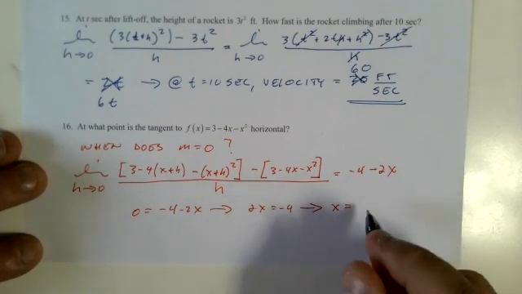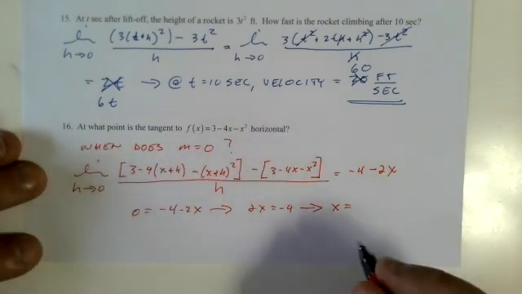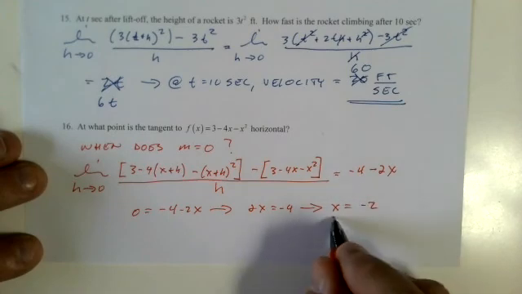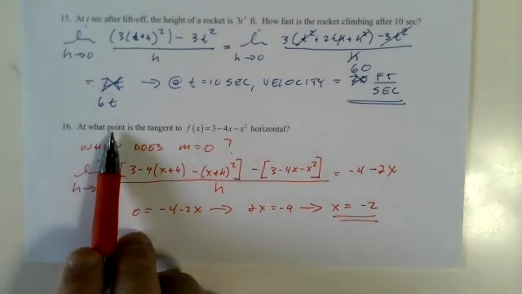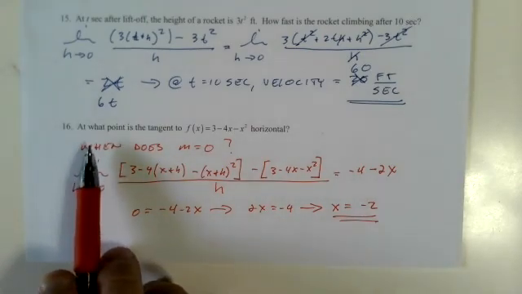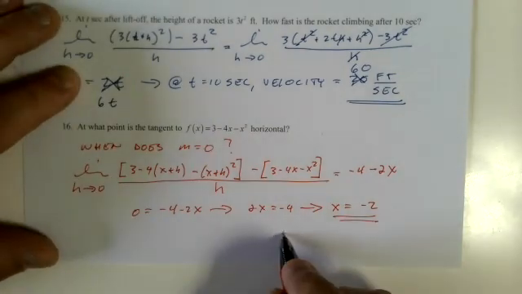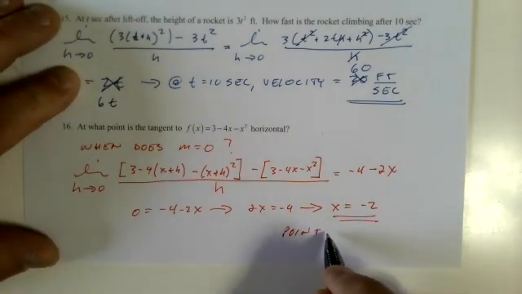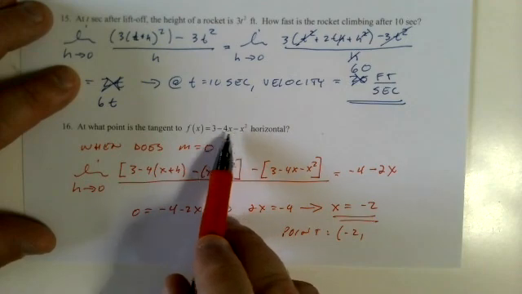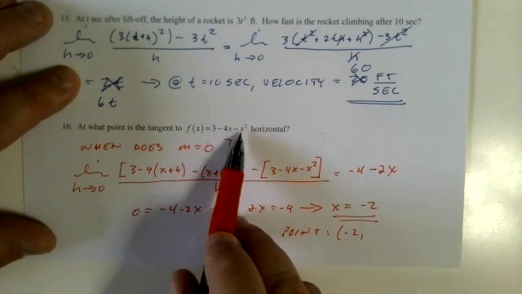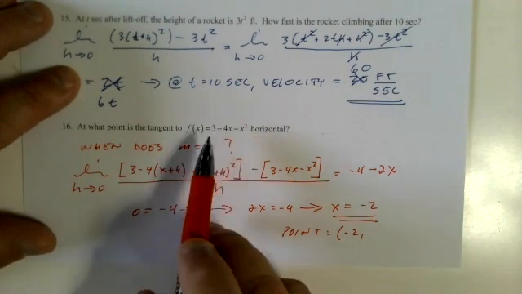X equals, doesn't give me units, negative 2. At what point is the tangent horizontal? Now, careful, this is not specific and the AP test will be. Well, I have to put it in. Point, negative 2 comma 4, 8 minus 4, 3 is 7.